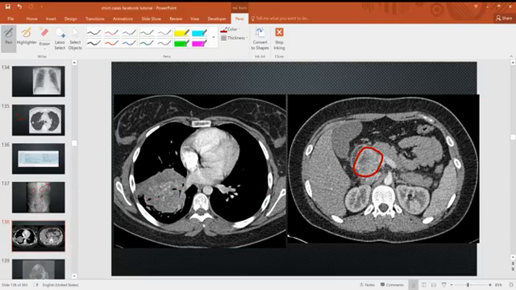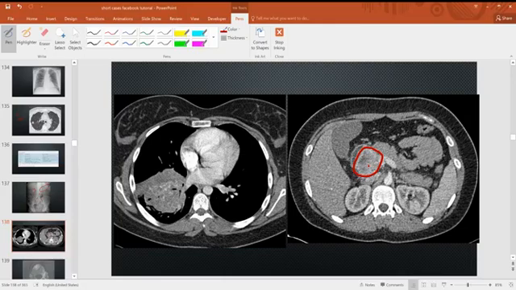Differential diagnosis in this patient: the pancreatic mass can be metastasis to the lung, or vice versa, a lung mass with metastasis to the pancreas, or someone can put both together.